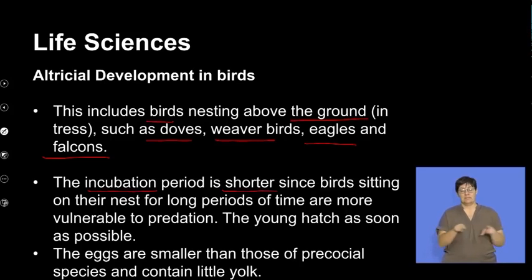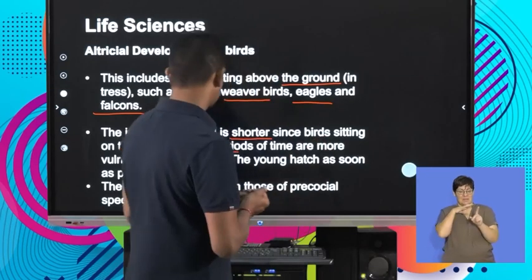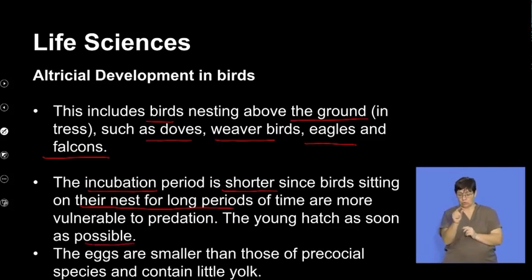They also spend lots of their time in their nest developing after hatching, and this is to provide protection against predators. The young hatch as soon as possible, and they don't have that extensive period of development in the egg. The eggs are smaller than those of the precocial species, and they contain little yolk.